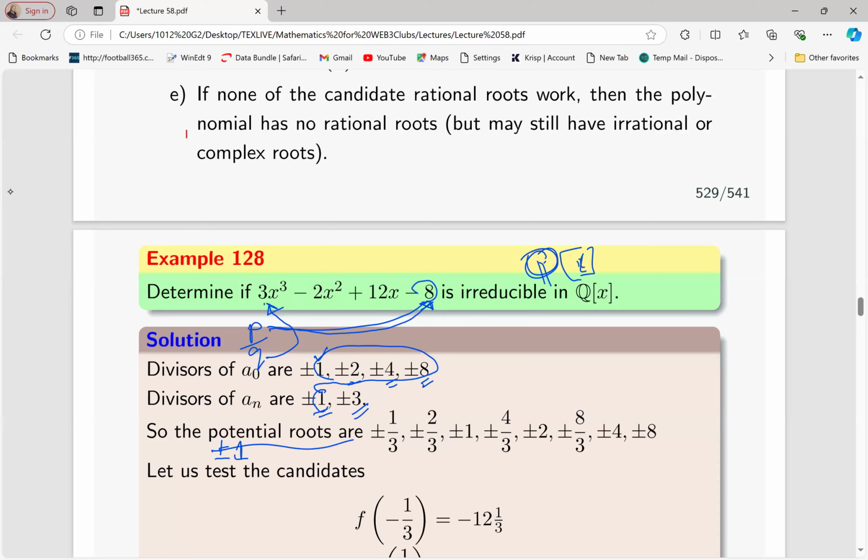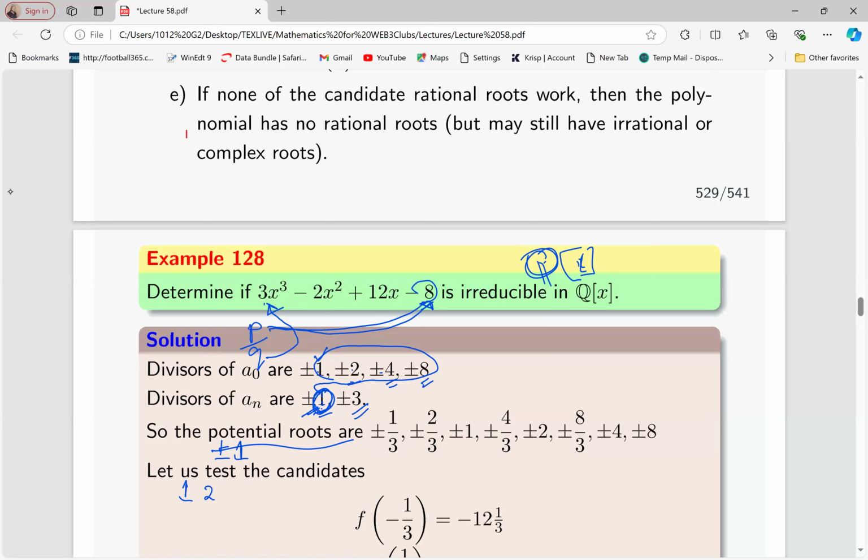If I pick this to be Q, then 1 into 1, I would have 1. 1 is a possible root. 1 into 2, I will have 2. I'm considering +1, because this one has positive and negative.